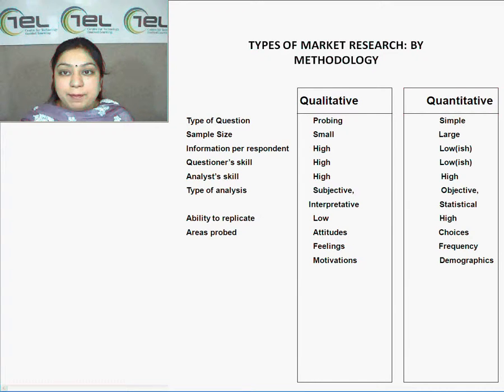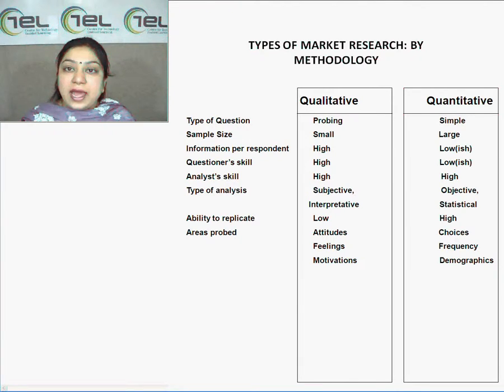Next is sample size. In the qualitative one, the sample size is very small, because the method you follow is a kind of interview, where you have to visit the individual respondents and then gather the data. For the quantitative one, it can be large also.